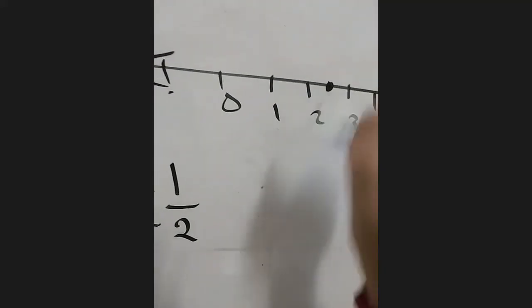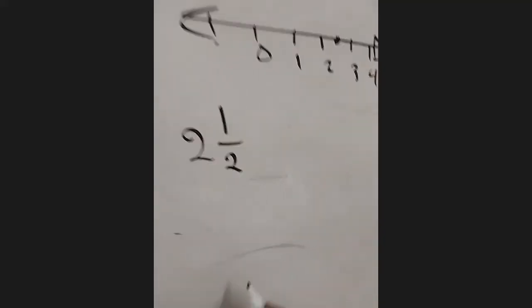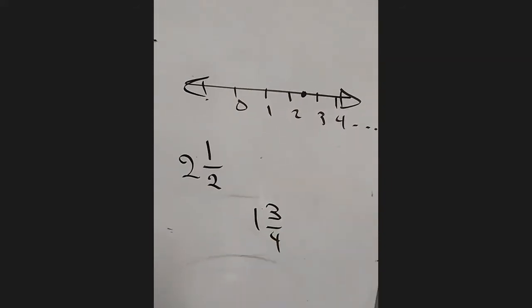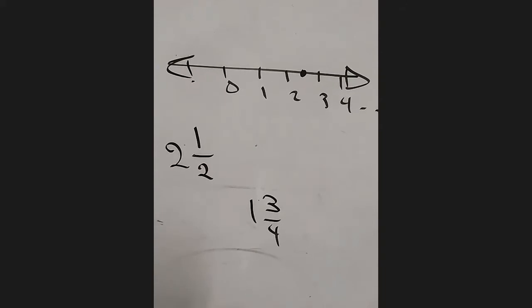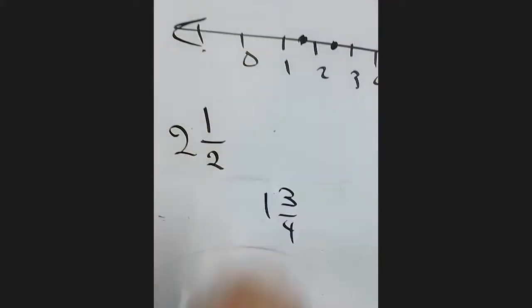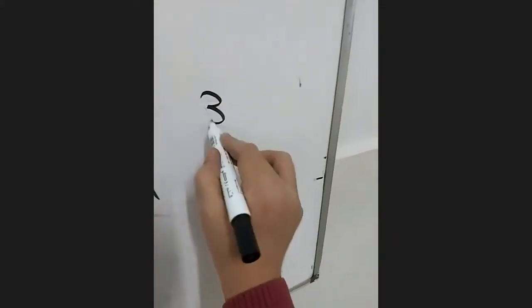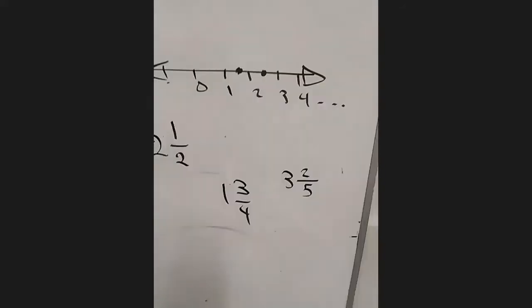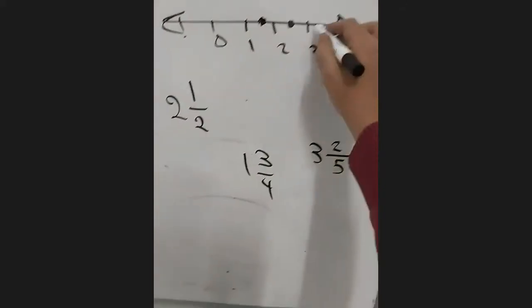Got it? When I say 1 and 3 over 4, it is between which two numbers? Between 1 and 2, exactly. When I say 3 and 2 over 5, between which two numbers? 3 and 4. Excellent.